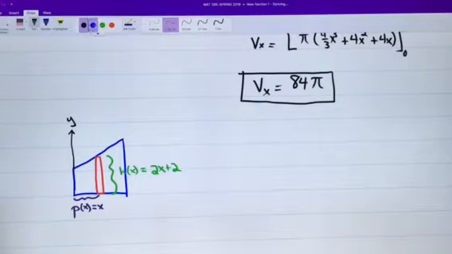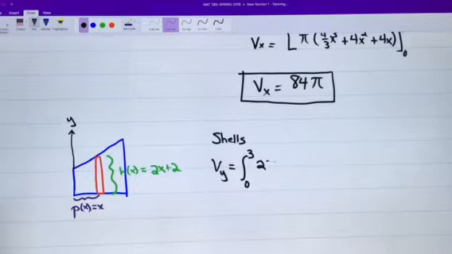And again, we'll be looking at the method of shells. For v of y, we have the limits of integration, going from x equals 0 to x is equal to 3, and I have 2 pi times p of x, which is x, times h of x, which is 2x plus 2, and we have dx.